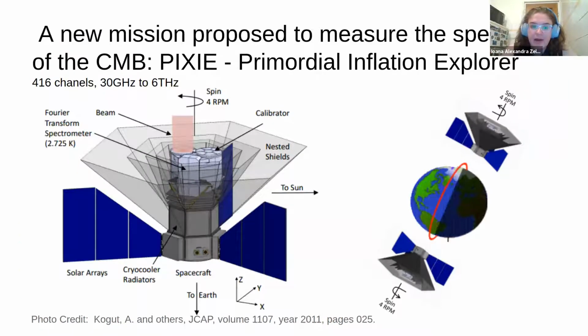So there are missions in proposal stage by NASA and ESA as well on the European side, which would create a mission targeting the spectrum of the cosmic microwave background at 400 frequency channels, spaced 15 gigahertz apart.